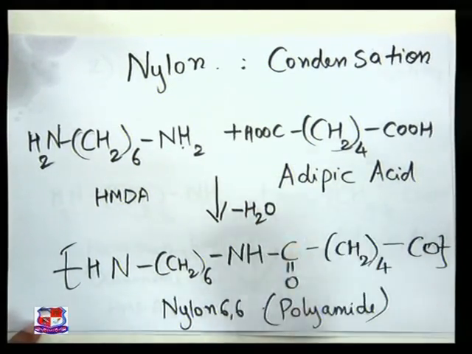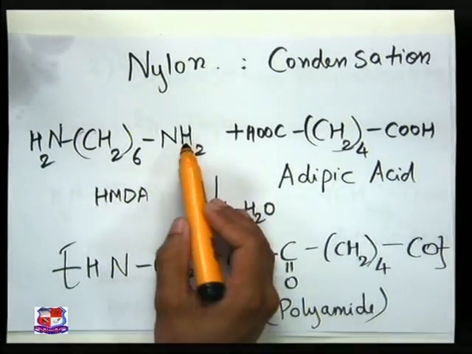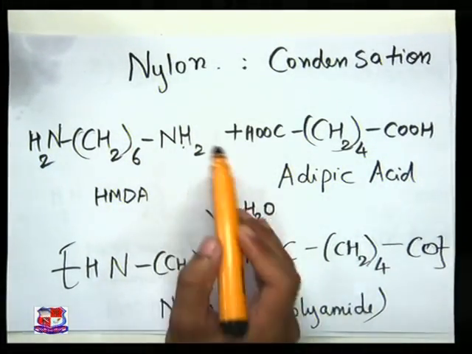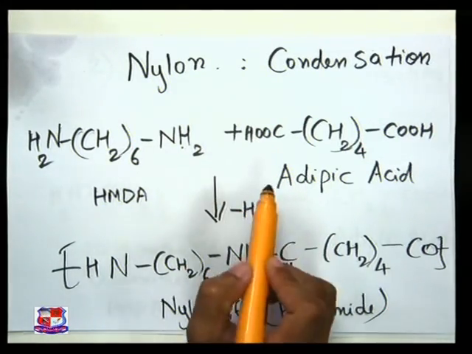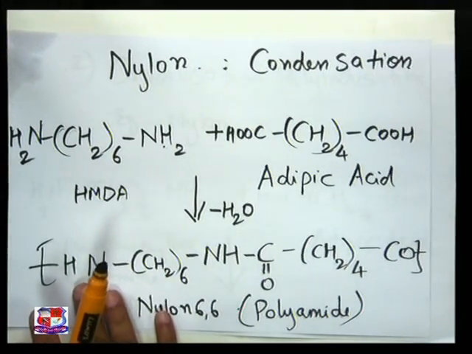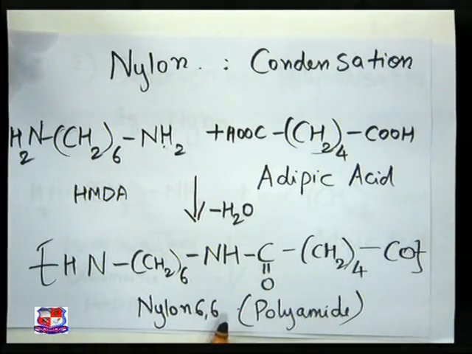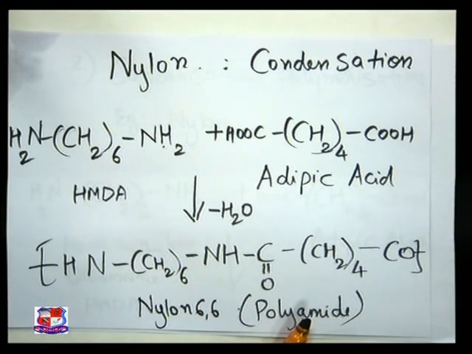It means that water is lost in the process. How is water lost? One hydrogen from here, OH from here, so OH and H give rise to H2O. So you can see very clearly that there is formation of nylon 6,6 in the process, which is basically an example of a polyamide.